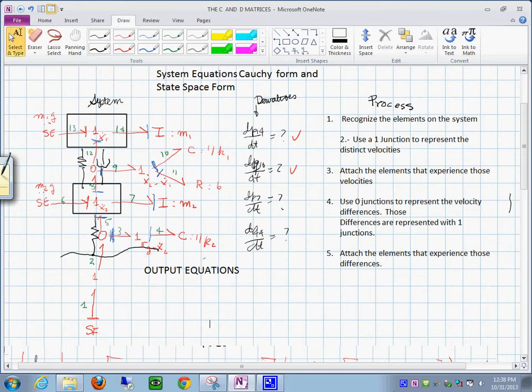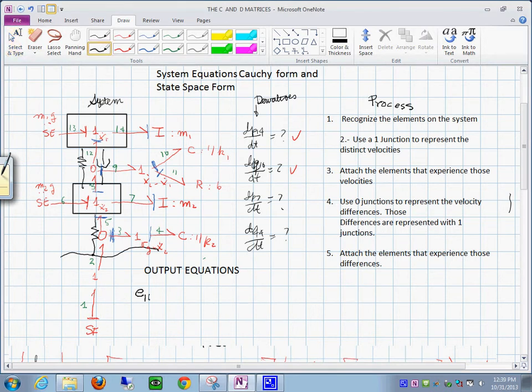So let's see how we're going to do the output equations now. In this case, we have to identify some output equations, something that we want to monitor in our system. And so the C and the D matrix have to do with the outputs. So let's figure out some of the outputs here. For example, if I want E10 as an output, I'm just going to write the equations for that.